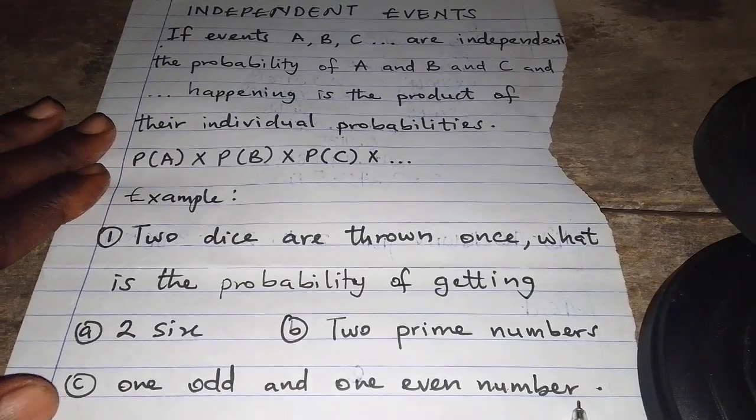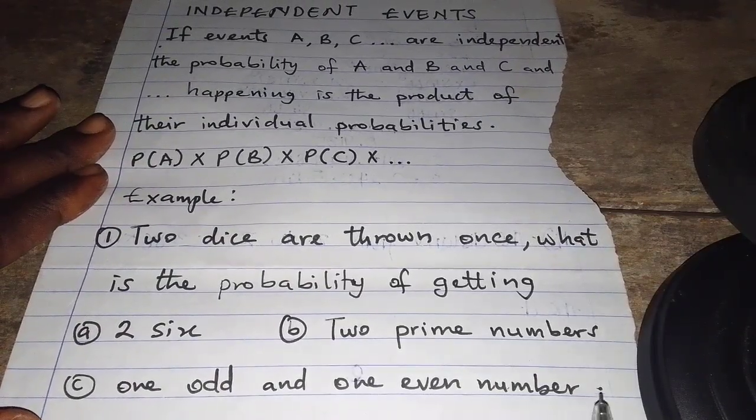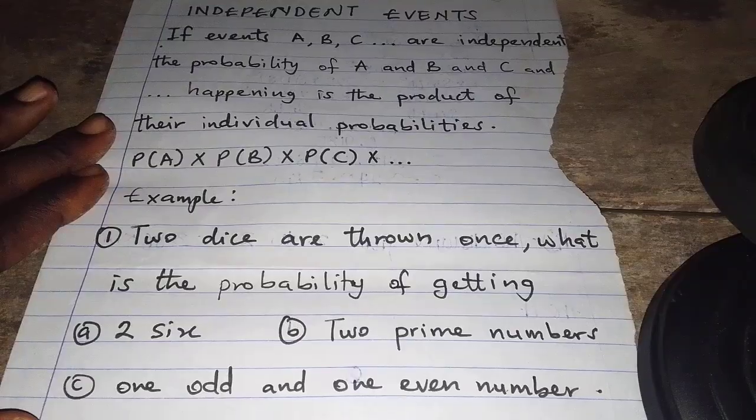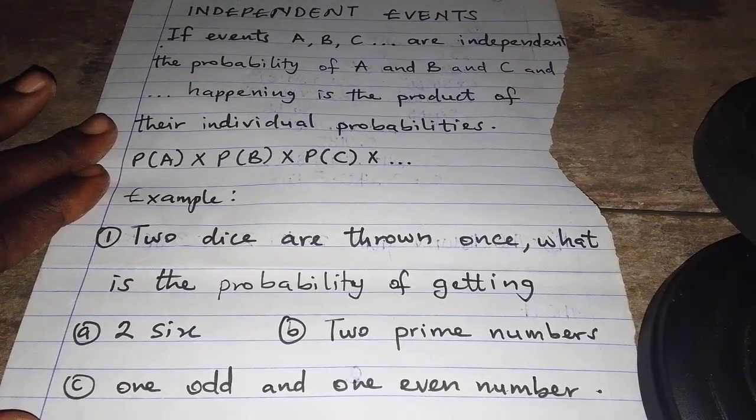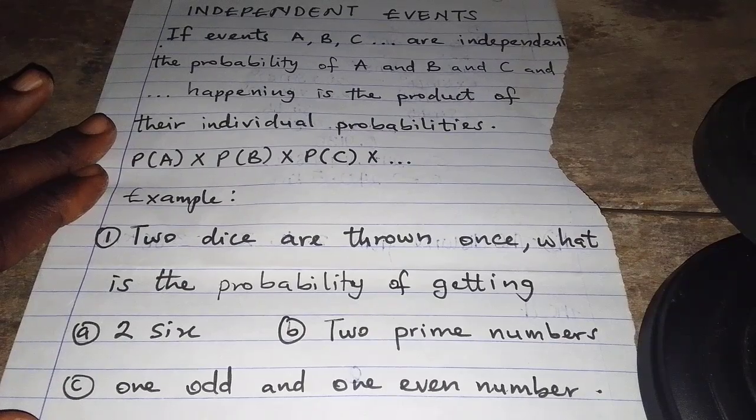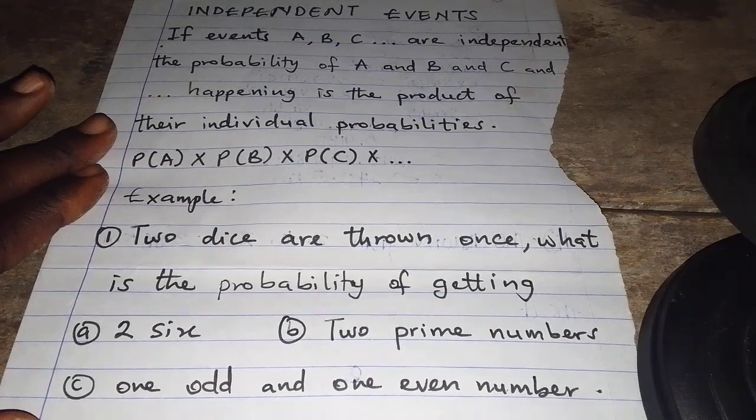Now, if you watched the previous videos, we have done this by writing out the two dice and counting. This solution is the alternative way of doing it.